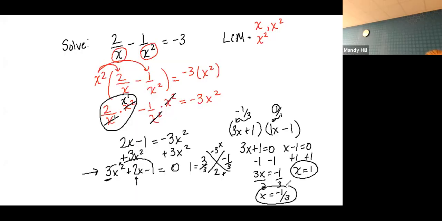So we got the same answers that we had right here, negative 1/3 and 1. I just want to make sure that you're able to do that, because the calculator can help you out a lot. So let's clear this out.